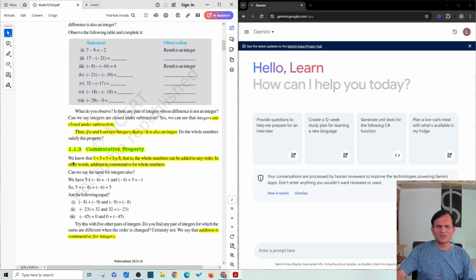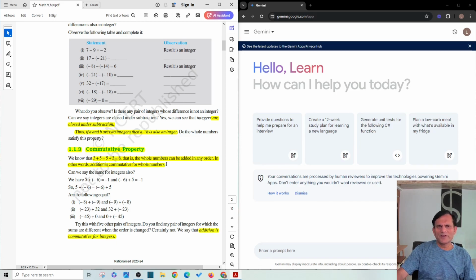Then let us try to see the commutative property. Like 3 plus 5 equal to 5 plus 3 equal to 8. What is commutative? Commutative means you can move the integers around and still you will get the same result.